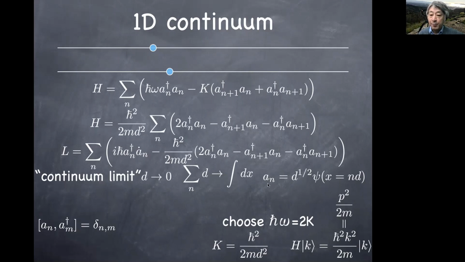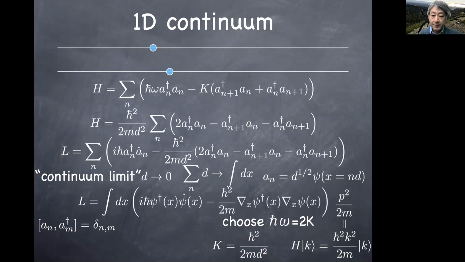So this is the way I rewrite the annihilation operator in terms of psi, that is now the quantum field in full glory. So I just make the substitution to write a_n as d to the 1/2 psi, a_n dagger as d to the 1/2 psi dagger. So here's the rewriting.